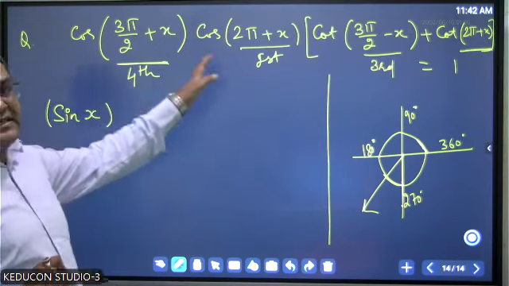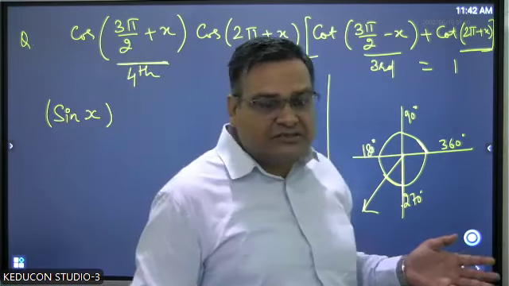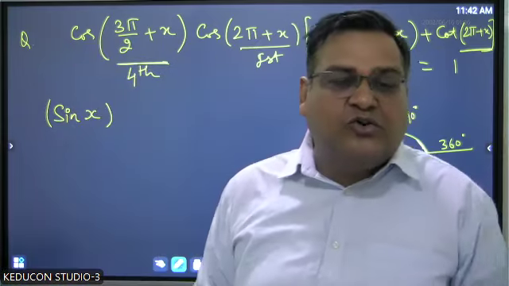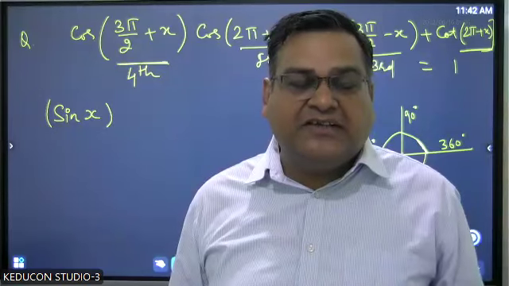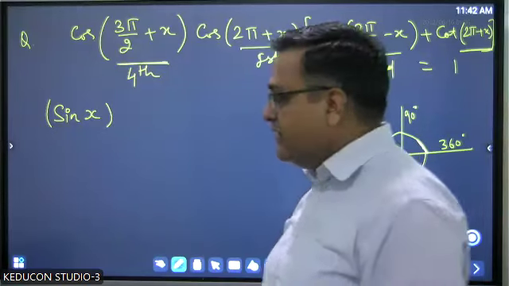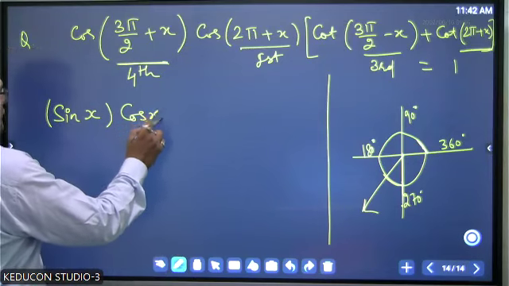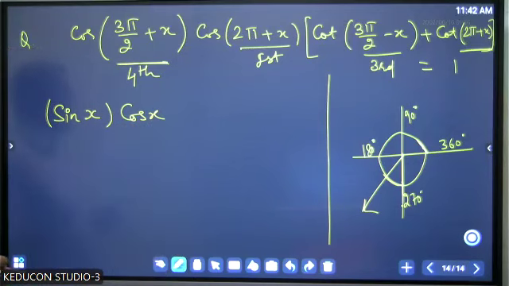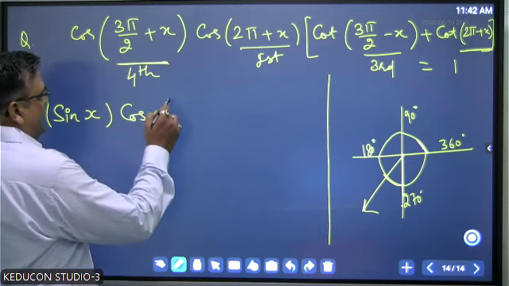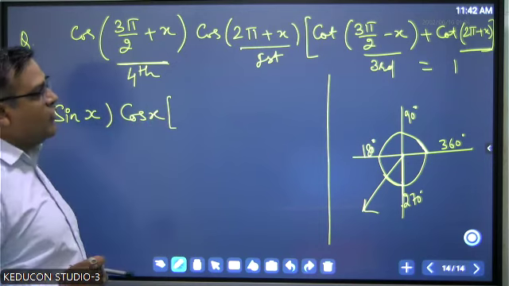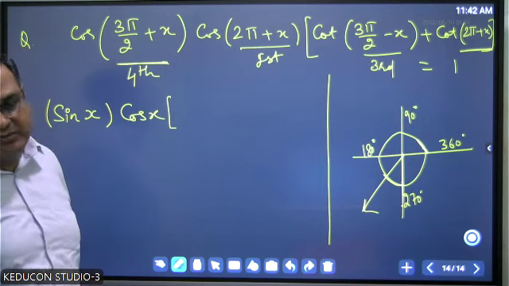Cos of 2 pi plus x. So that is our first quadrant. 2 pi is there, no change in the trigonometric ratio. So hence it will be cos x. Now in the bracket, cot of 3 pi by 2 minus x.